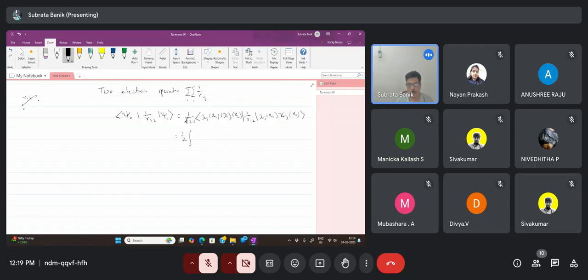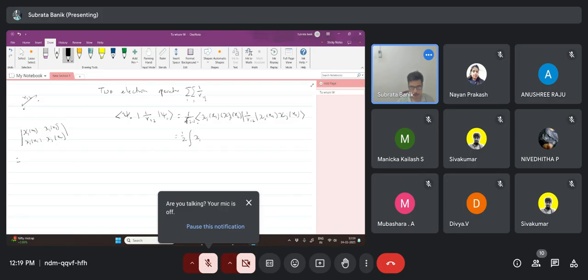This determinant, if we expand it, what are we going to get? Let us write the determinant. This is chi i of x1, chi i of x2, chi j of x1, chi j of x2. If you expand this, what do you get? The diagonal term, right? So I'll write like this. I get chi i of x1.